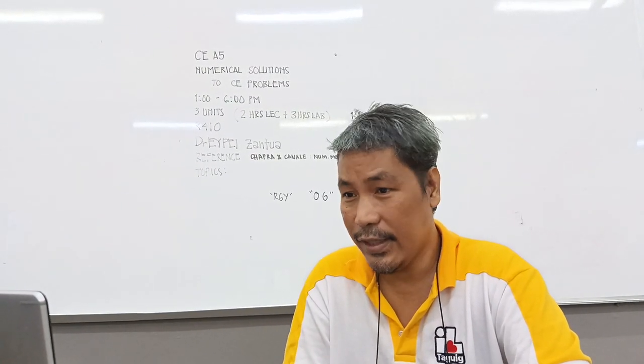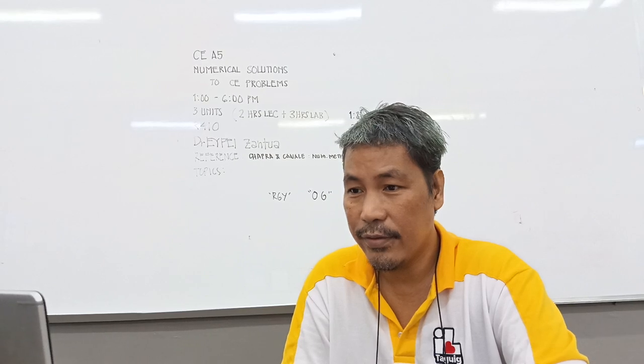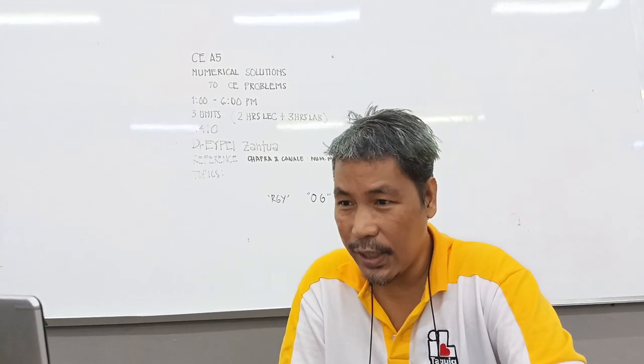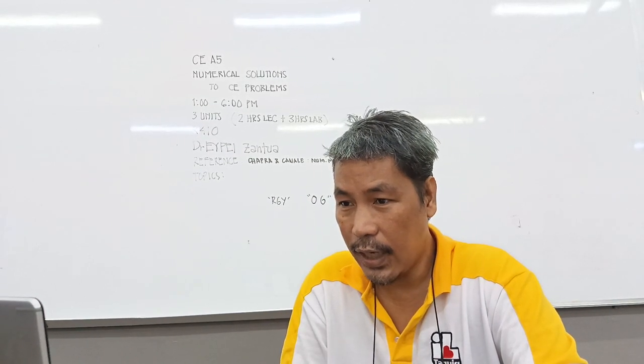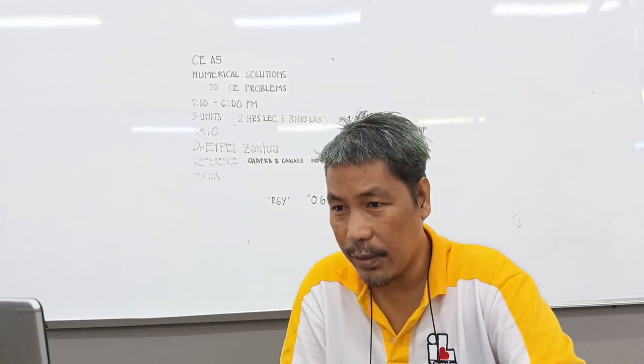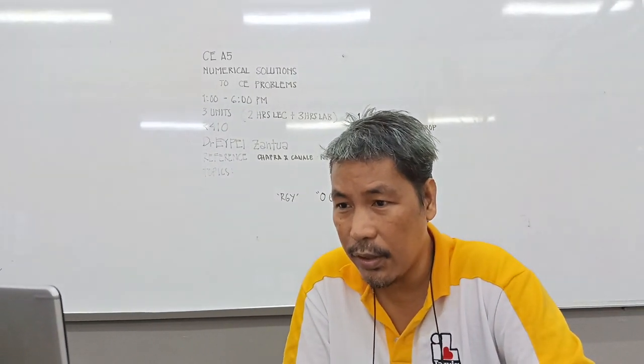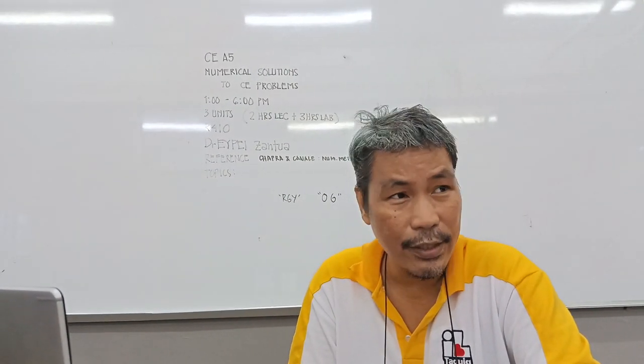Okay? Easier method: taking the derivative or differentiation. Topic number 7 is about numerical integration.